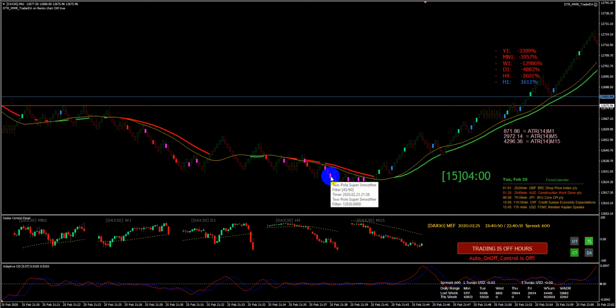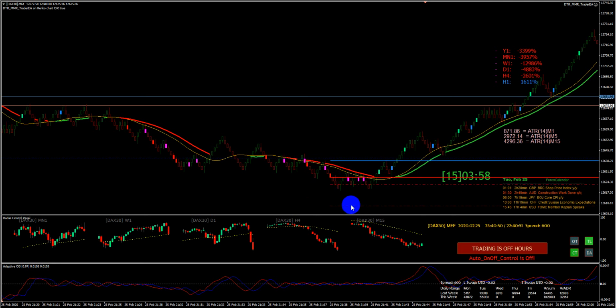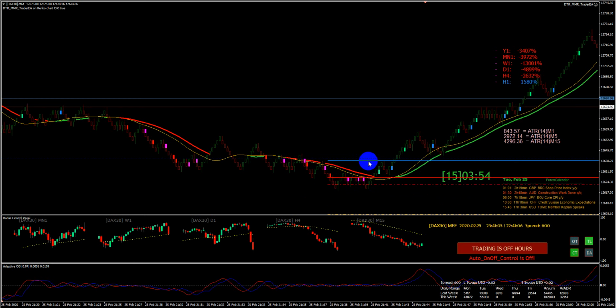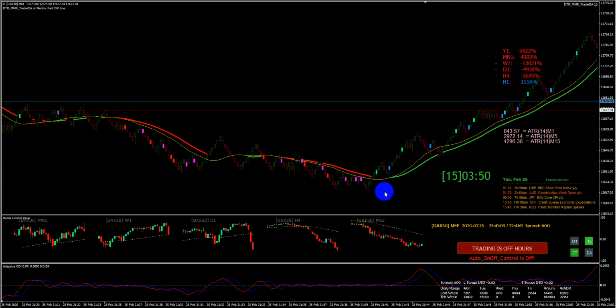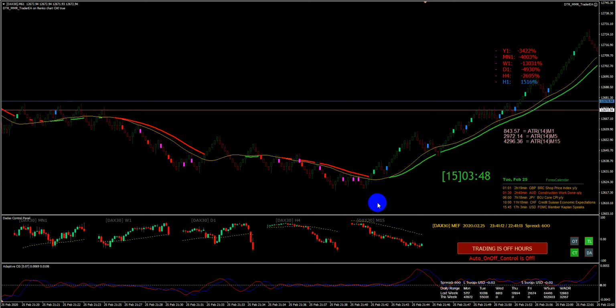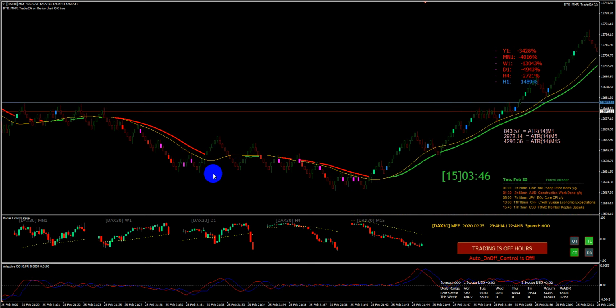But then if we look at this signal, we don't have enough room for anything. We need to take our stop loss, right? So the signals are good, but not perfect.